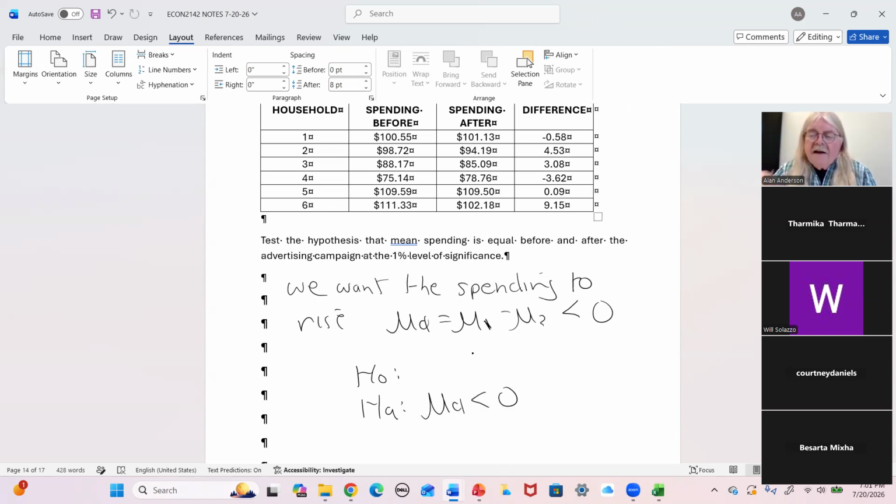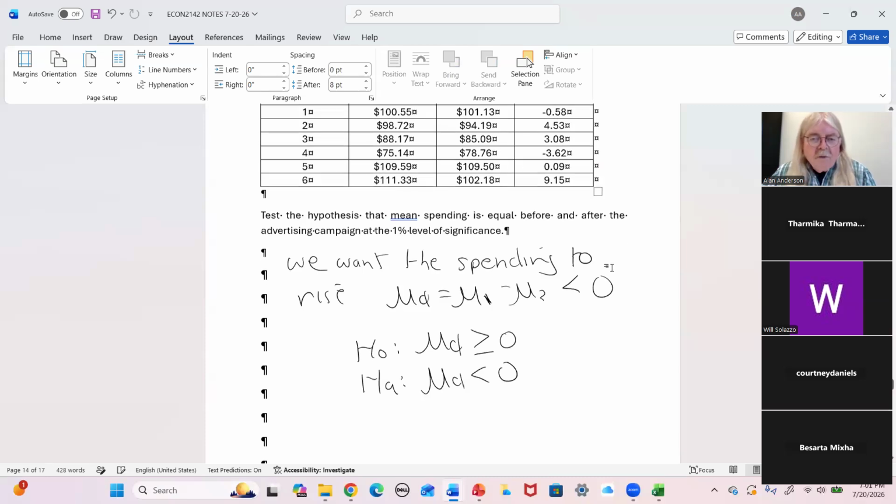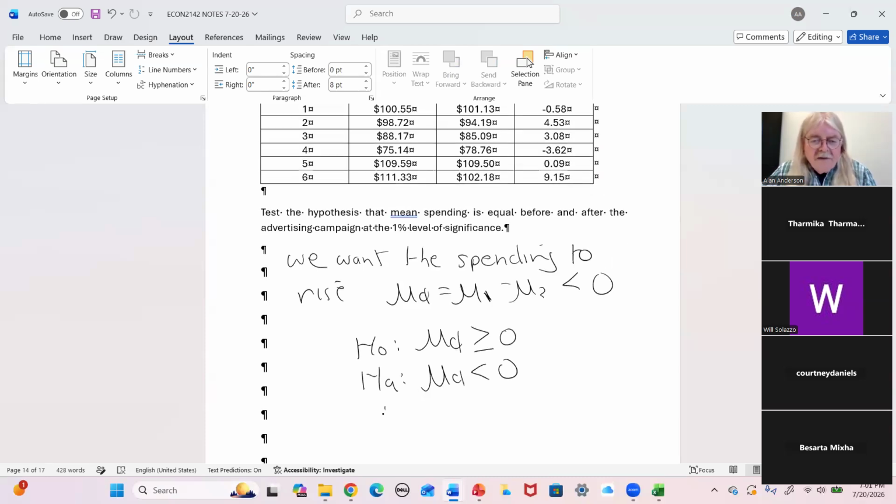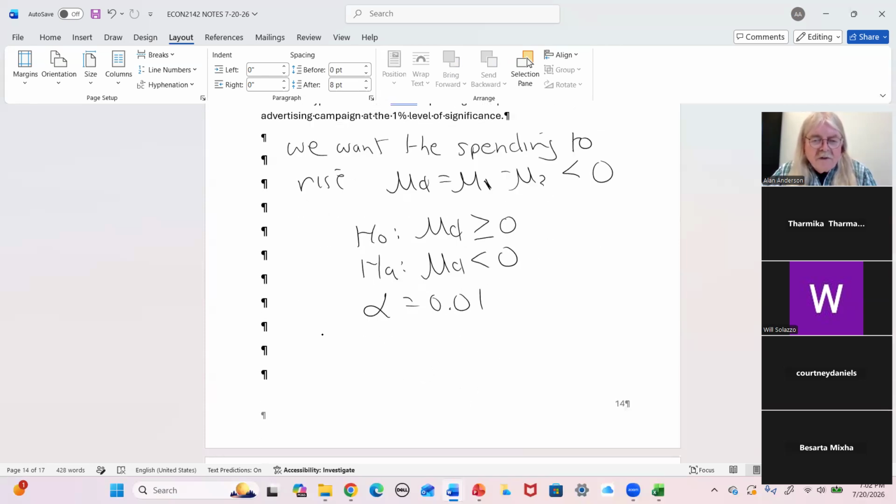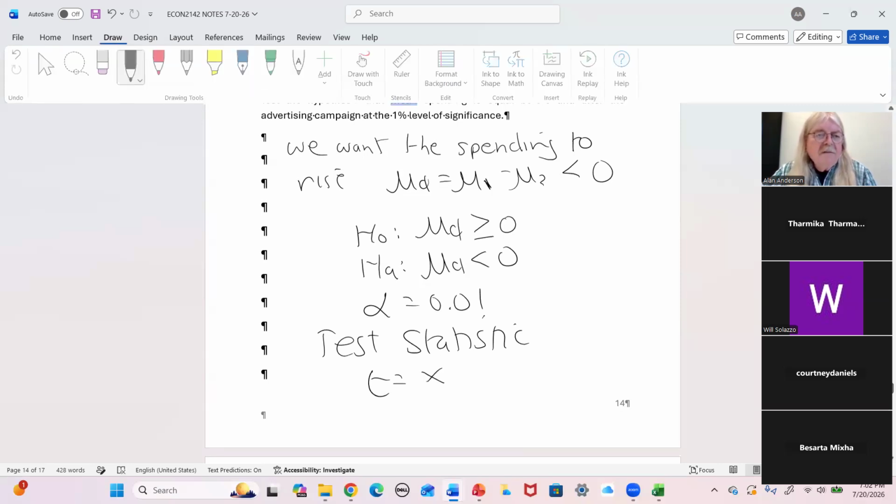That would mean that after the advertising campaign, the spending goes up. It's a 1% level of significance. The test statistic is the same as before, except that it's D bar instead of X bar.